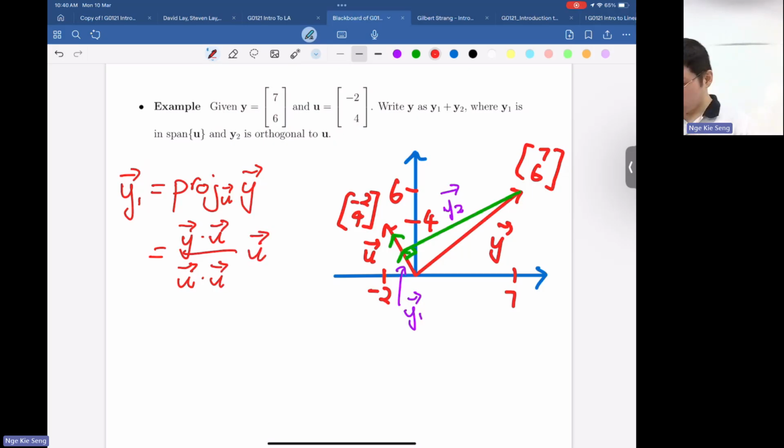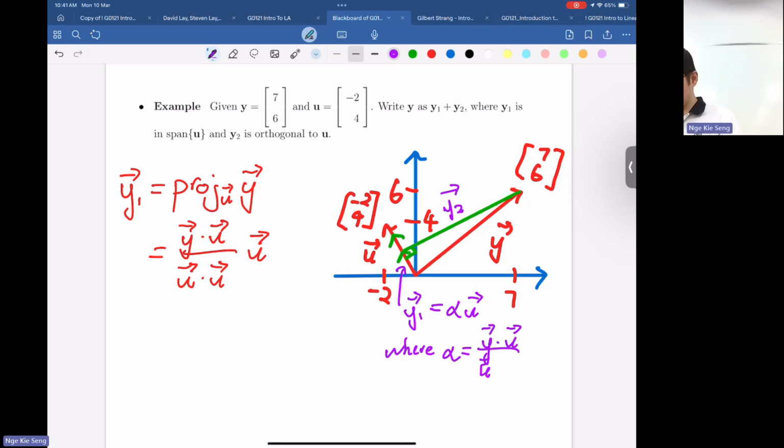This will tell you the scaling you need for your y1. So you need to write your y1 as alpha times u, where this alpha is y dot u over u dot u.